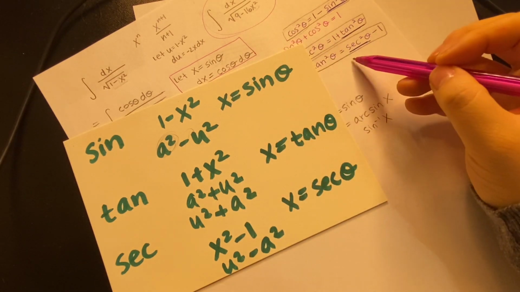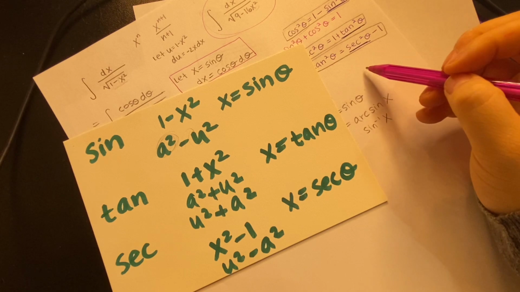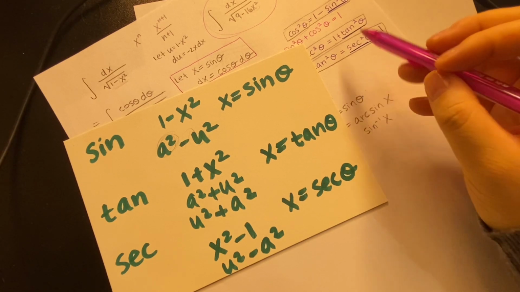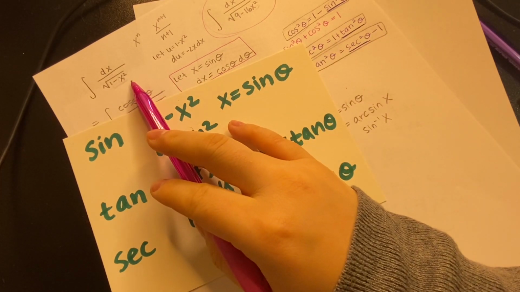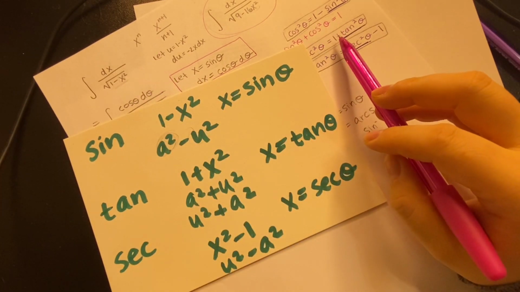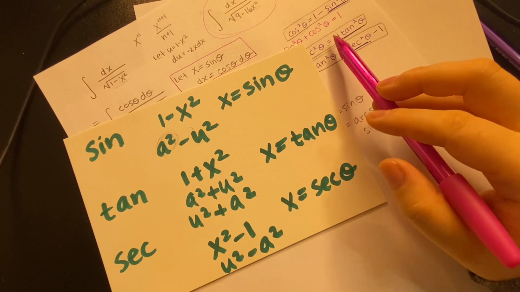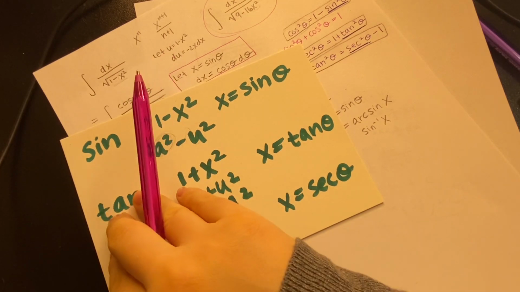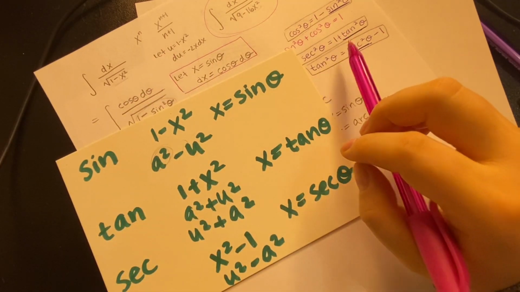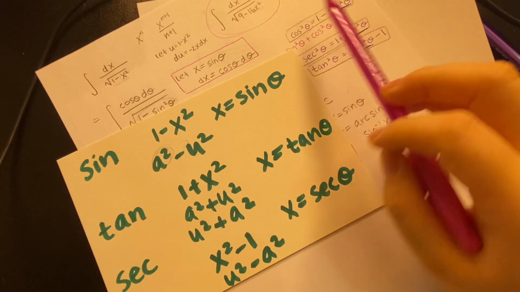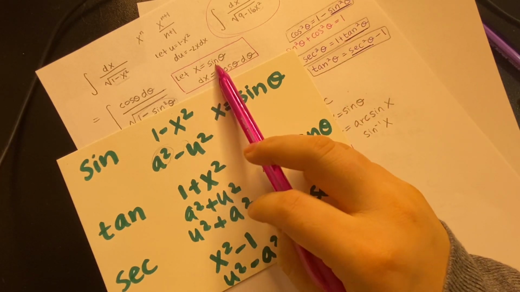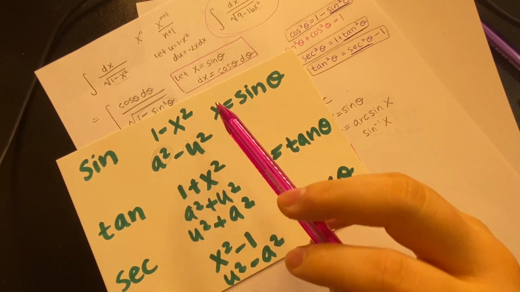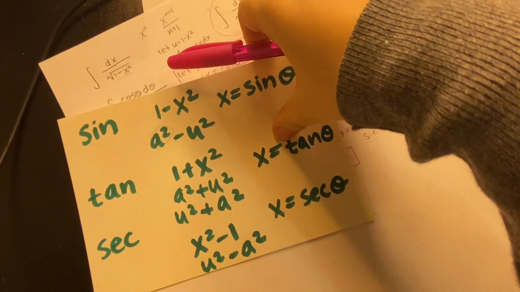So that's oftentimes where our SOHCAHTOA stuff comes in, and that's where we want to fill in our right triangle. But the intuition behind this is actually not really from that, aside from the identities being from the unit circle and right triangles. Where it really comes down to is recognizing the forms, it kind of looks like these identities. So having them and expanding out for a second actually helps us simplify it, even if it doesn't look like it at first. So that's what I have for this.